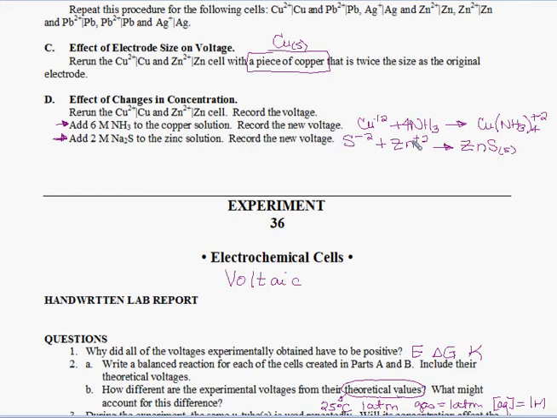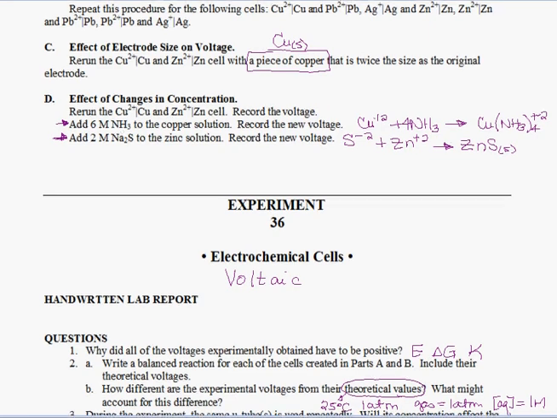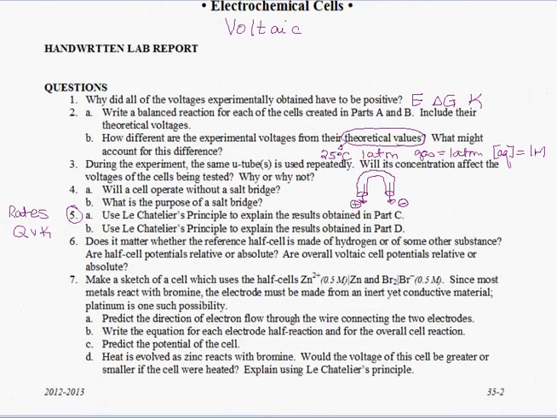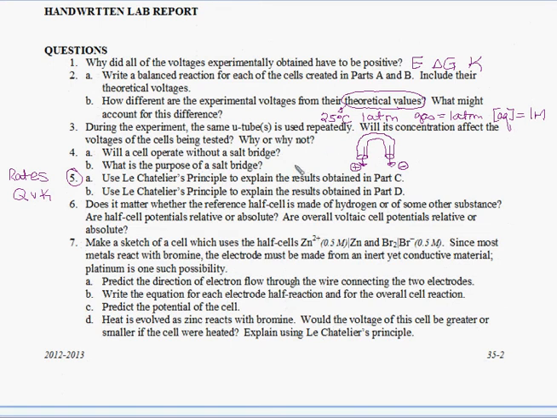Again, this is a side reaction to the reaction of the copper and zinc cell. So use these side reactions to answer Le Chatelier's principle about how each of these additions affected what occurred to the voltage.